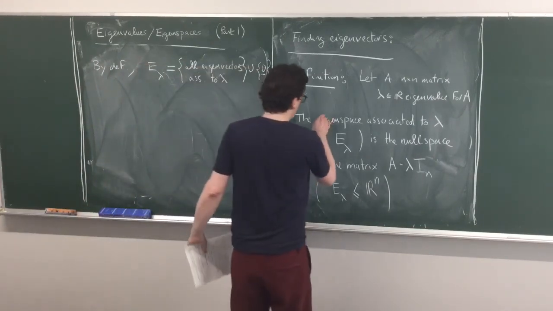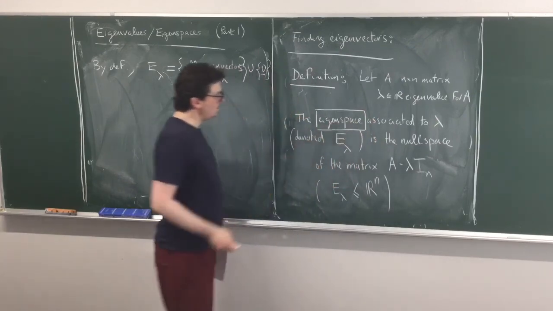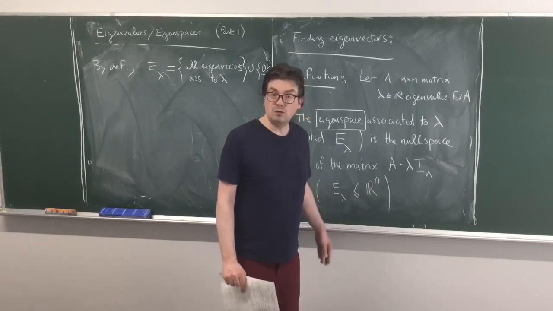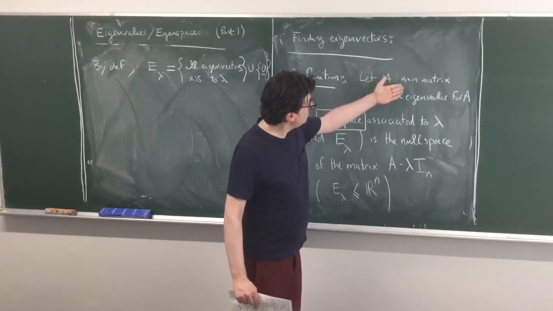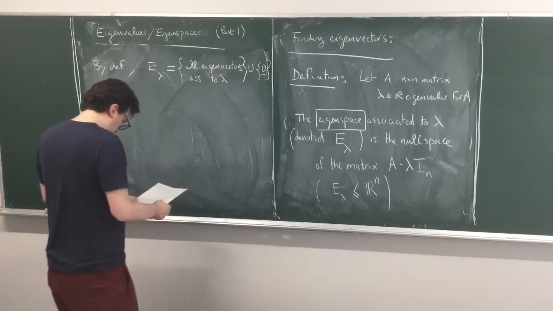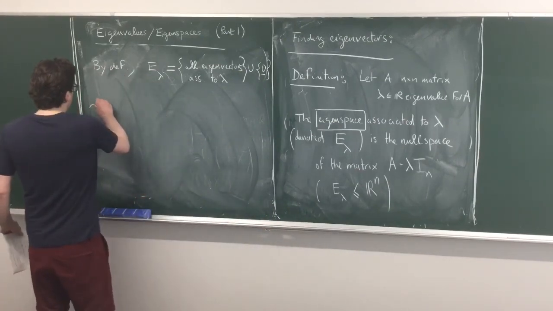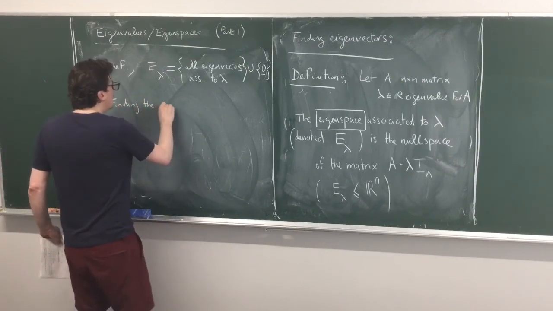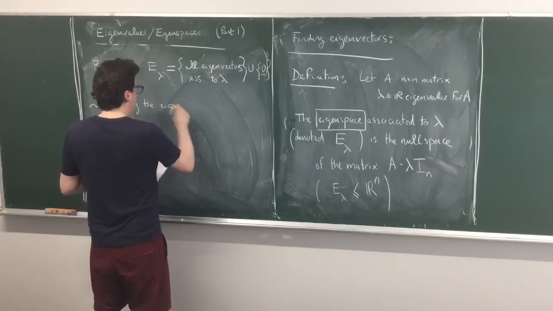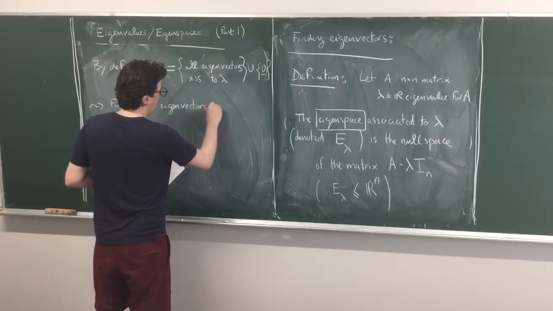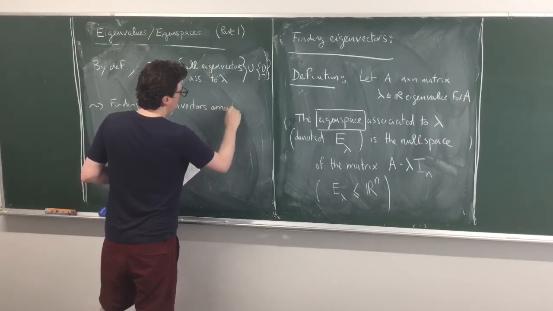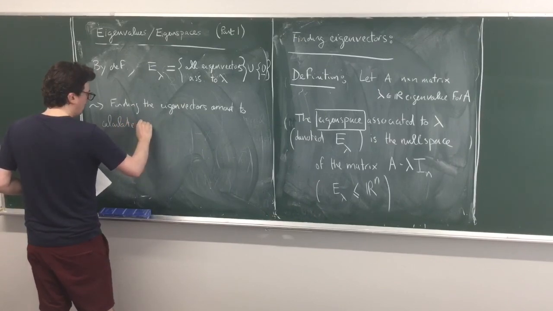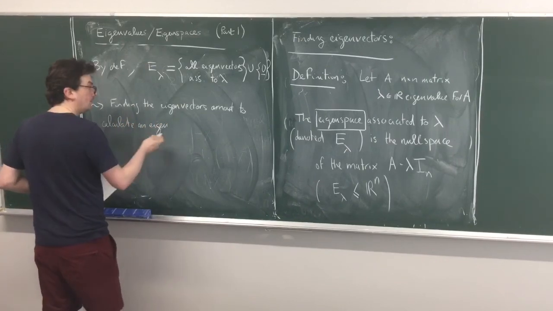If you add the 0 vector to these eigenvectors, you will get the eigenspace. So the new word is eigenspace. And this will always be a subspace of the vector space R to the n, whenever you start with an n times n matrix. Therefore, finding the eigenvectors amounts to calculating an eigenspace, a null space.